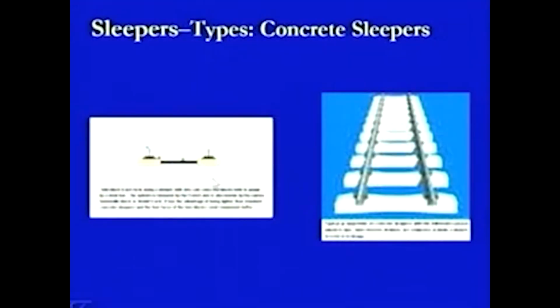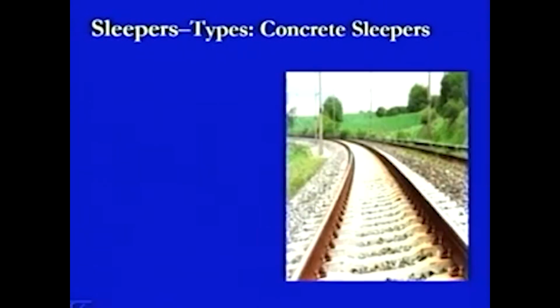This is one type of sleeper being shown in this diagram, and this is another type. We are looking at these two types of sleepers, the mono block sleepers and the twin block sleepers. This is one track where the mono block sleeper is provided. The sleeper comes like this, then the section is reduced at this point.